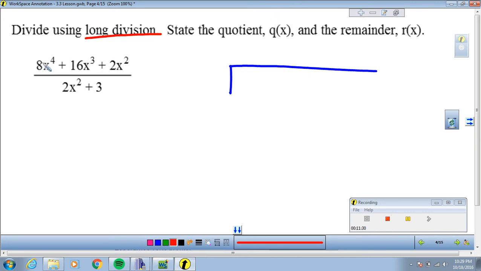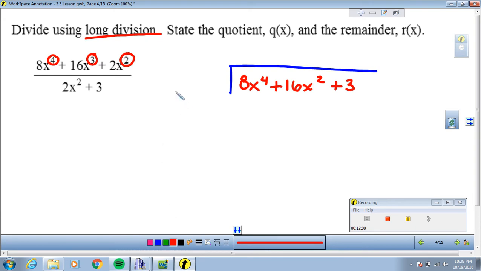And then we're going to copy the first polynomial or the top one inside of the division, except that if you check your exponents, 4, 3, 2, it looks like starting with 4 and then every exponent after that is consecutively decreasing, getting smaller, right? Consecutively means one after the other, so 4, 3, 2. So it looks like it's okay. So we put it here.